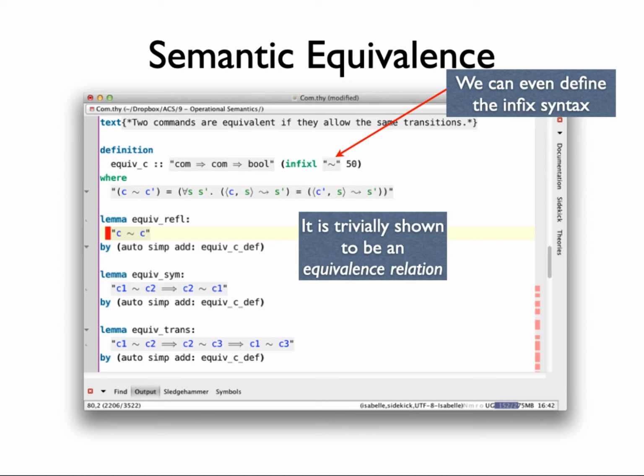So here I'm showing it's an equivalence relation. You remember what an equivalence relation is, right? It needs to be reflexive, symmetric, transitive, and those are all trivial to show.